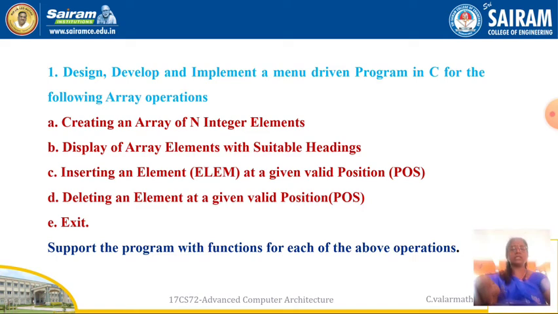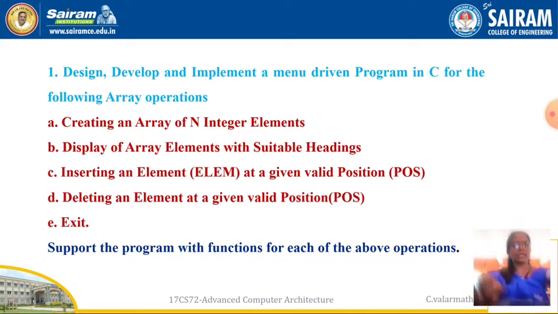The third task is inserting an element at a given valid position. So the program has to insert an element, where the position at which it should be inserted is given as one of the parameters. Then deleting an element at a given valid position.